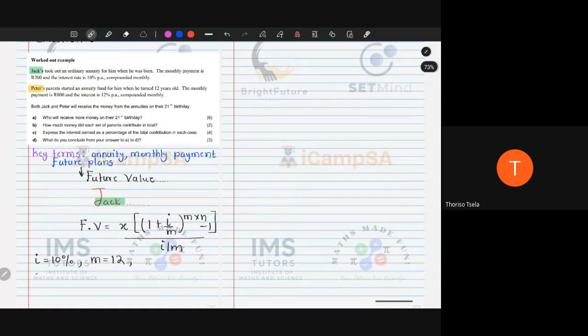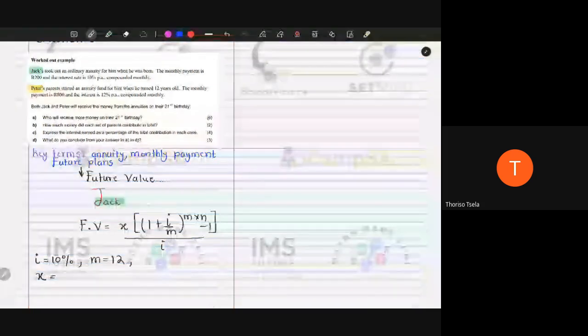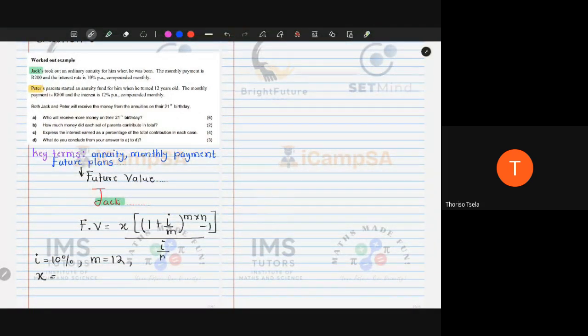So for Jack, what is the x, guys? 200. Are you sure? Yes. Okay. So for Jack, the amount they put in monthly is 200 rands. And what is the n, guys? And I need you to tell me why. I'm so excited for this.